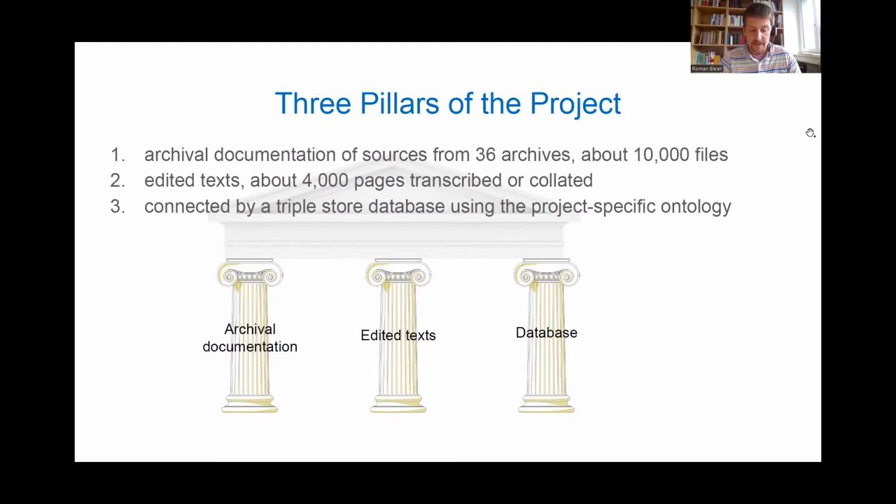The RDF is then added to a triple store database that is part of the GAMS infrastructure. The link between the database entries and the edited texts they are coming from allows it to assert the information stored in the database and link it back basically to its original source in the edited text.